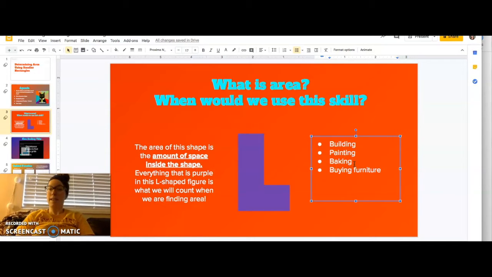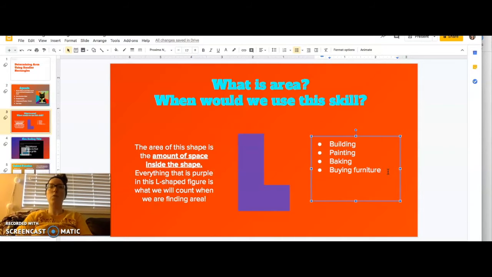What if you were baking? I've been watching this TV show about this baker who makes these big cakes for people's birthdays and other events. And I was thinking to myself, well, he's got to find the area first, because if he doesn't find the area, then he won't know if the cake fits in his truck and he won't be able to deliver it to the party. What if you were buying furniture, right?